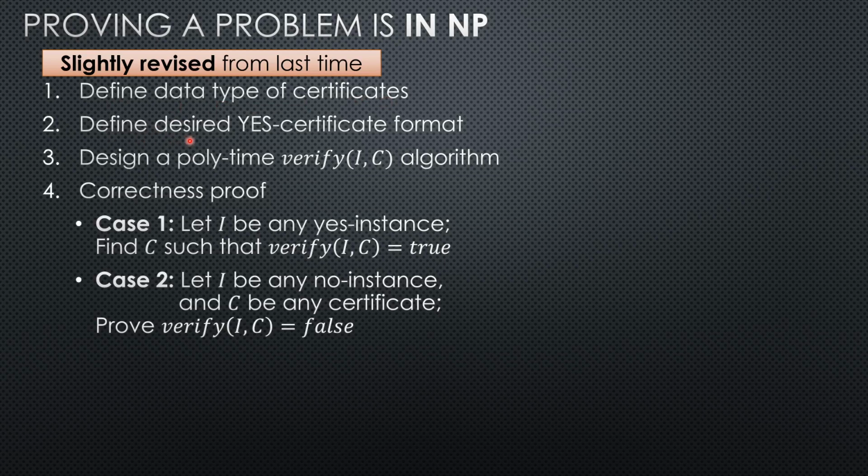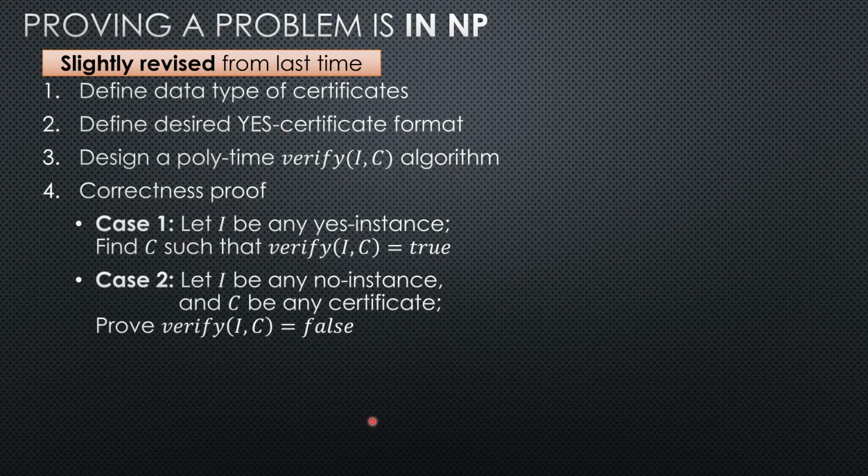You define a desired yes certificate format, and then when you're verifying, you check if the certificate passed to your verify function is a yes certificate or isn't by checking, does it have this very specific structure that matches my fancy yes certificate format? Okay, then we design a polytime verify algorithm, and you have to give a correctness proof.